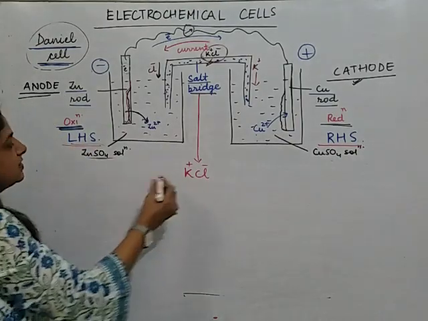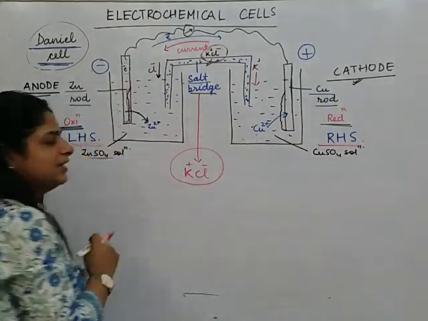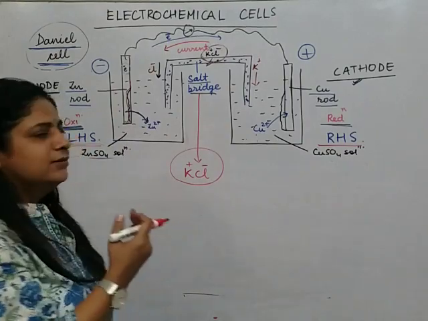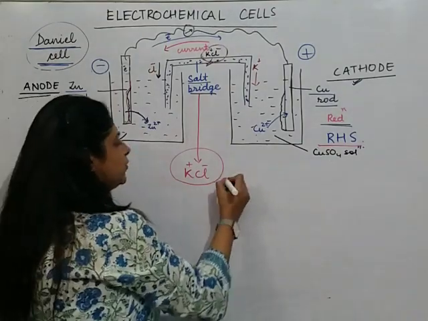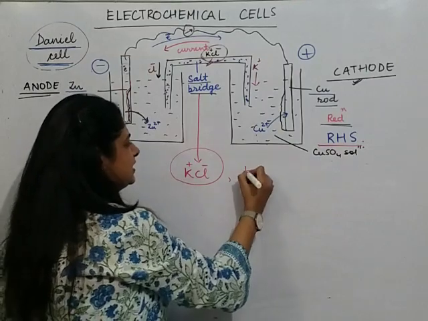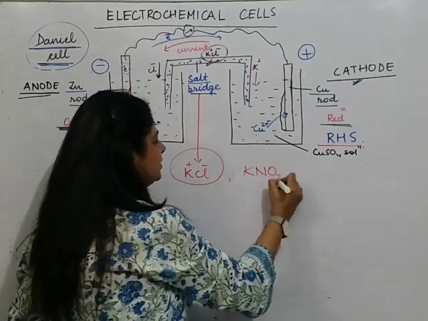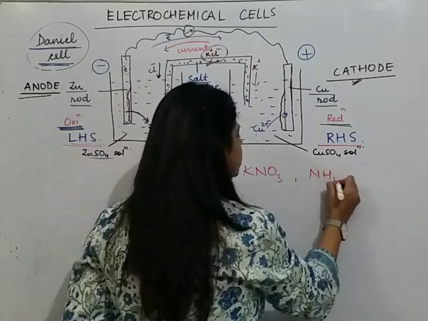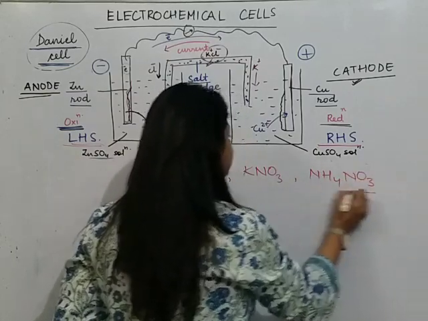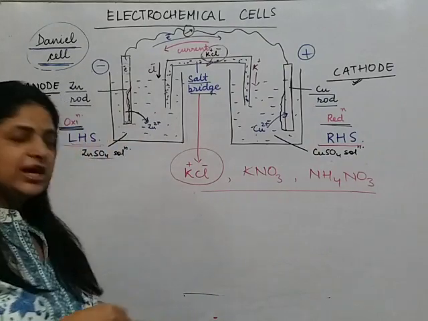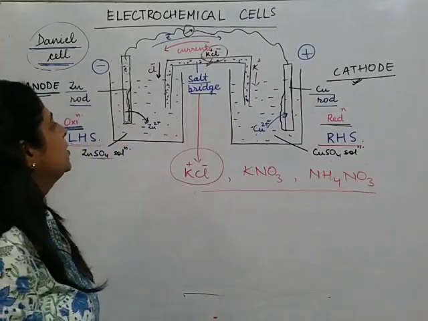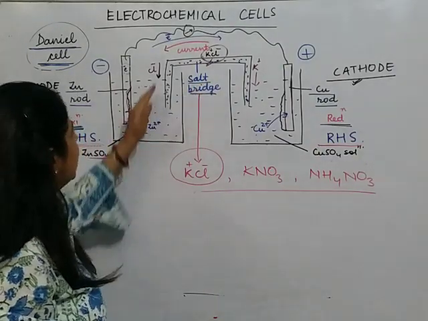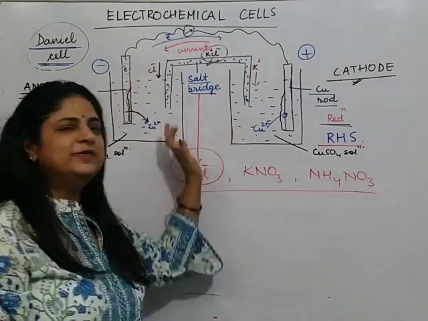For example, we may take KCl, KNO3, or let's say ammonium nitrate. So we usually take the electrolytes which have almost equal mobilities, so that their effect in both of the half cells is almost similar.